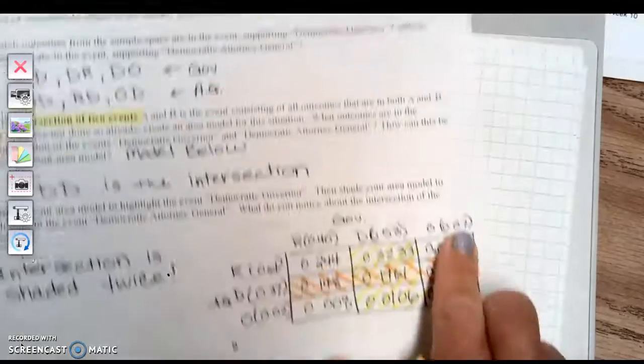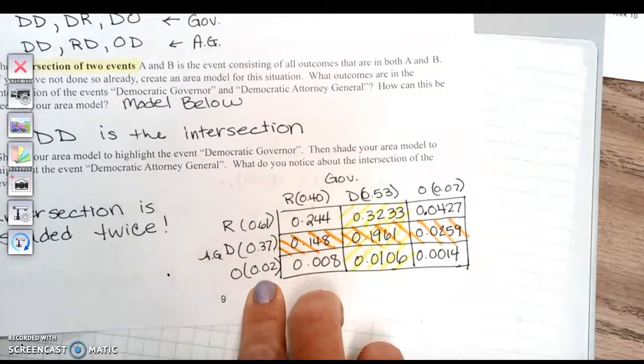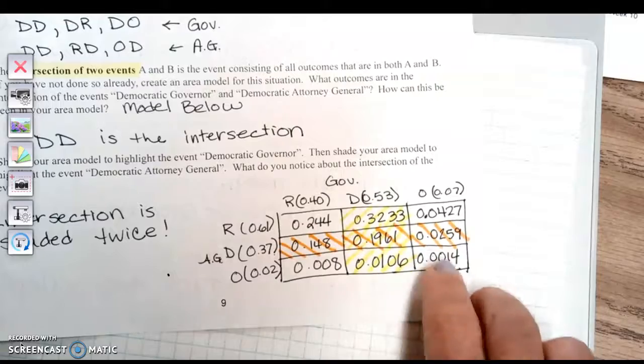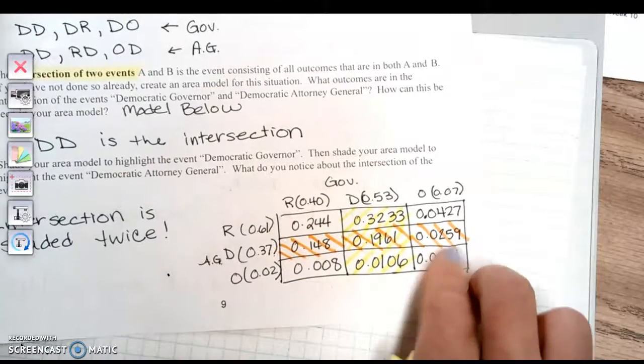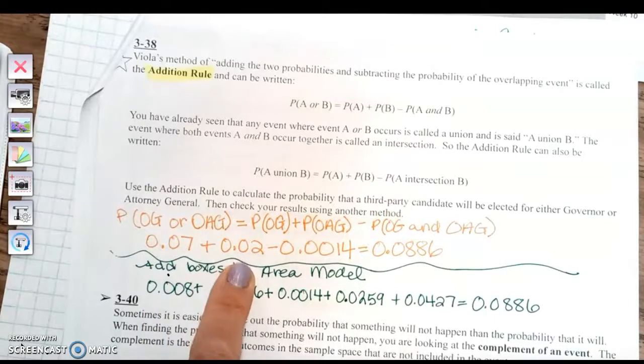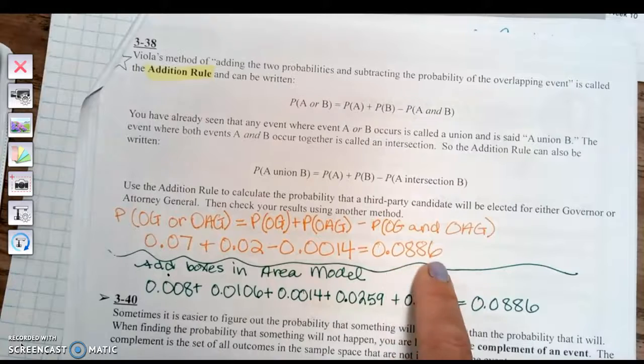So if we flip back to page 9, the other column was 0.07, the other row was 0.02, and their intersection would be this box right here. So we have to subtract that out because that's their overlap. So we say 0.07 plus 0.02 minus their overlap, and we get 0.0886.